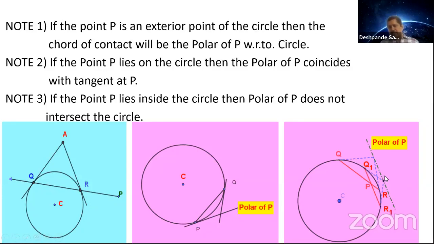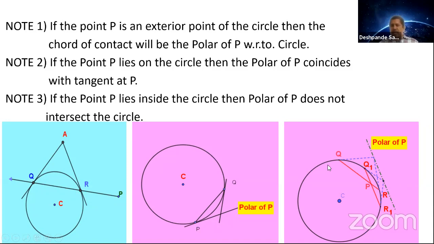From Q1 draw a tangent, from R1 draw a tangent. They meet at a point. Likewise, you take another chord, Q2, R2. Draw tangents, they meet at a point. All these points lie on a line, right? The line where all these points are lying is what is called the polar.